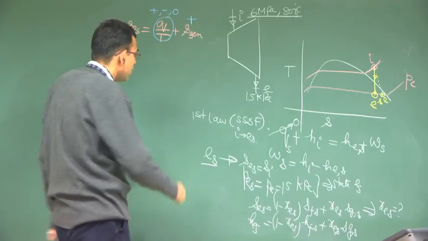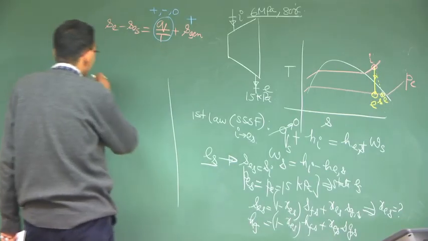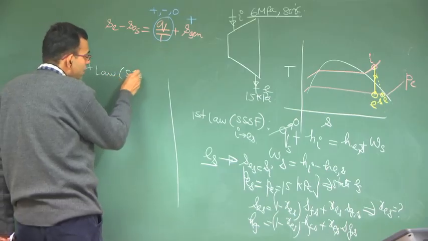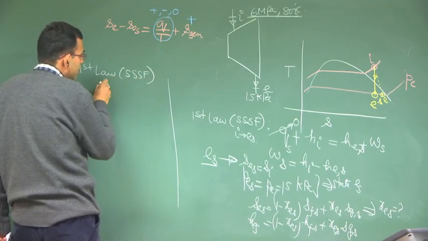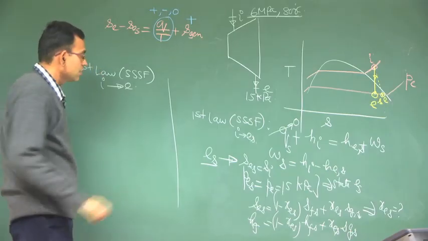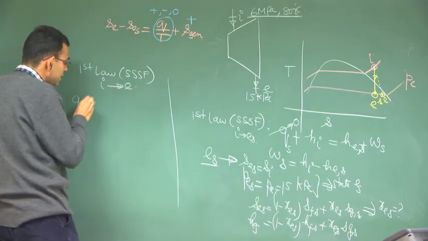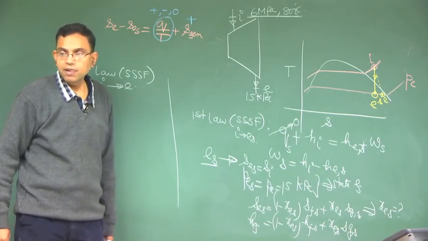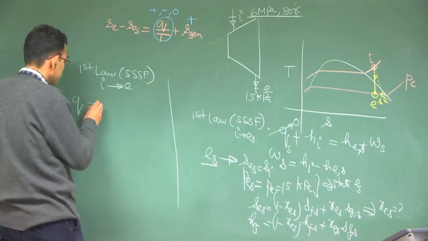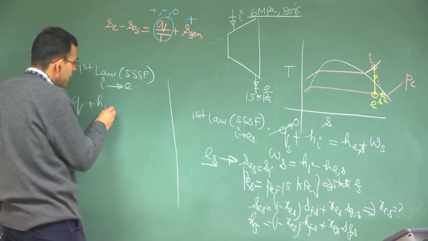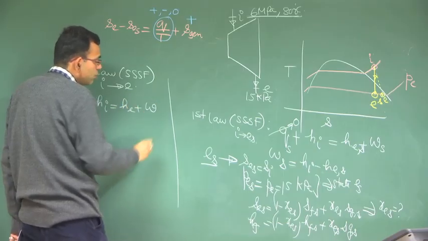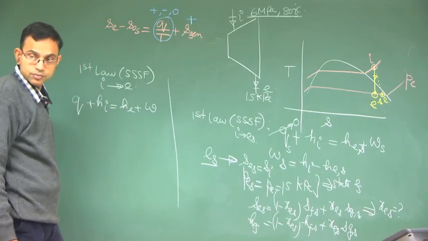What is the actual work? For actual work you have to use the first law between the states I to E. Now, this turbine is a special turbine where heat transfer is not neglected. So, Q is there, plus HI is equal to HE plus W, right.